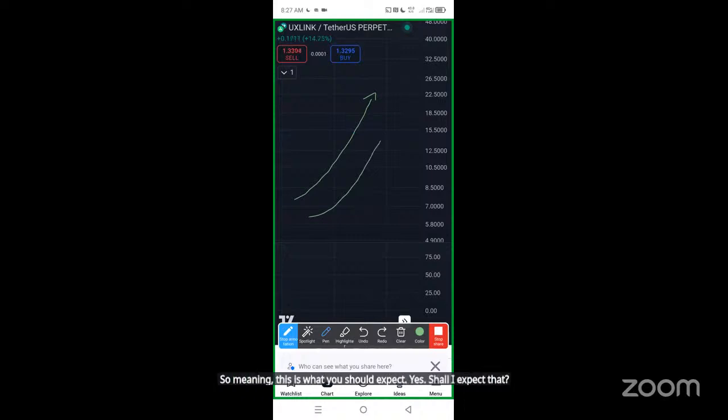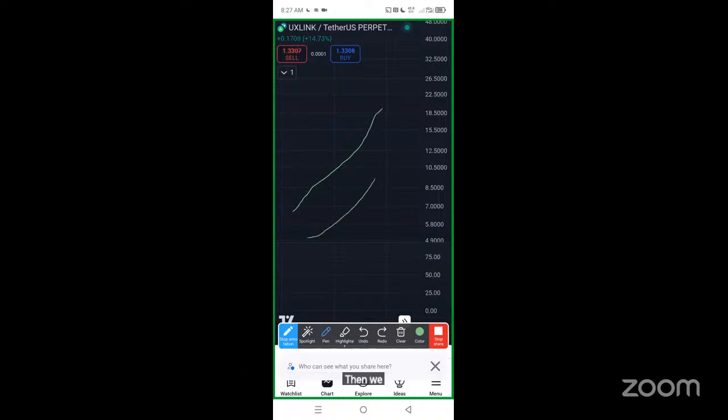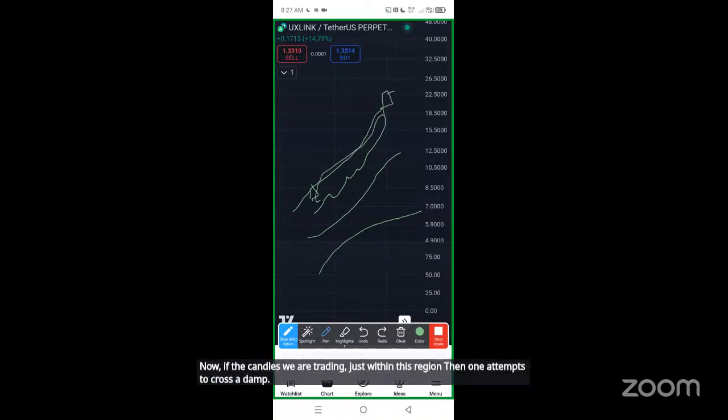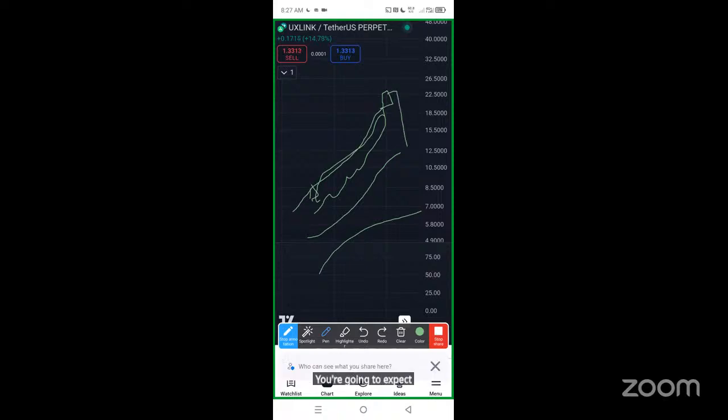Okay, sorry, let me just draw it again. You expect that. Then we expect the middle one. This one will be like this. Now, if the candles were trading just within this region, then one attempts to cross above, you're going to expect a retracement back to this middle line. Then you shall have that movement again.